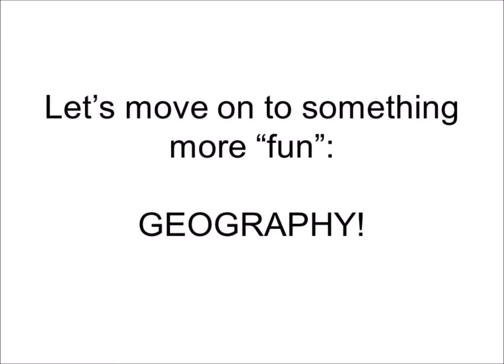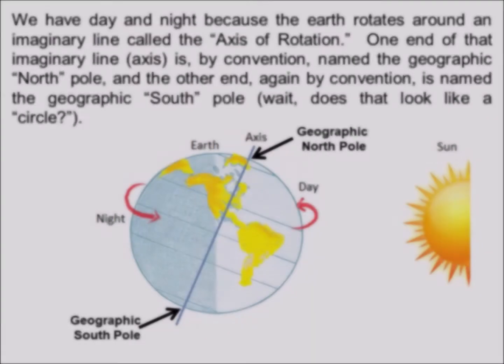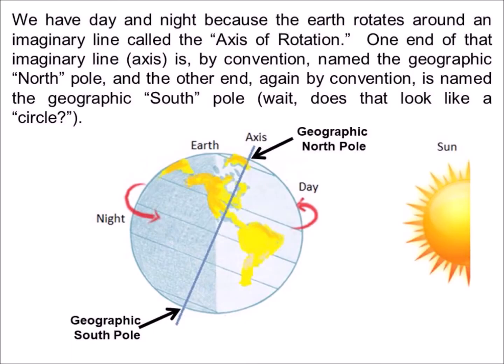Now let's move on to something more fun, geography. A basic understanding of world geography is necessary for you to get the most out of your map and compass skills. We have day and night because the Earth rotates around an imaginary line called the axis of rotation.